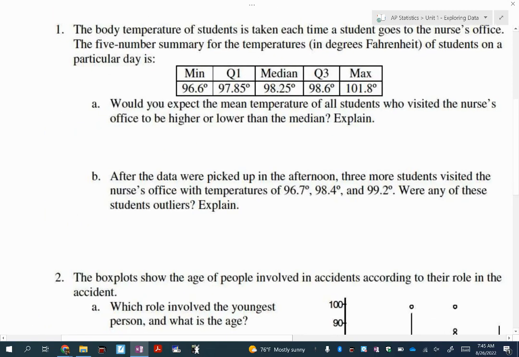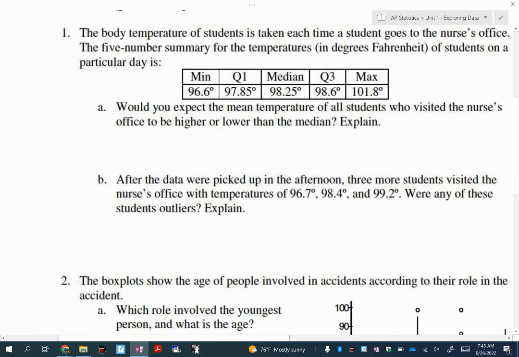So the math that I would do here is I would find the distance from the max minus the median, and then find the median minus the minimum, and compare how far away our highest and lowest numbers are from the center.